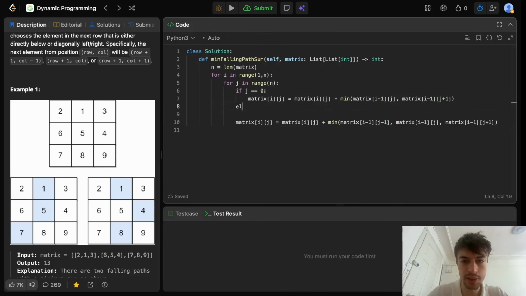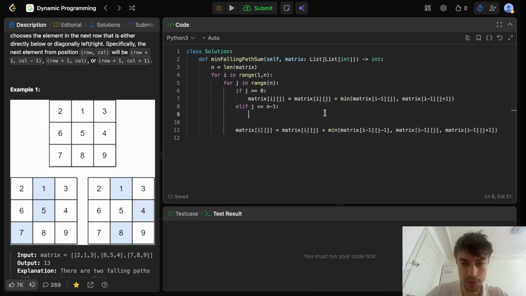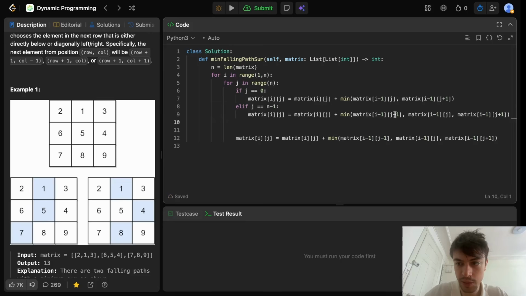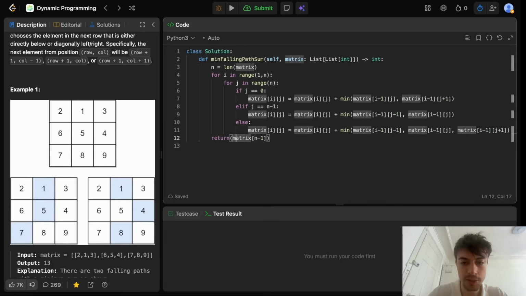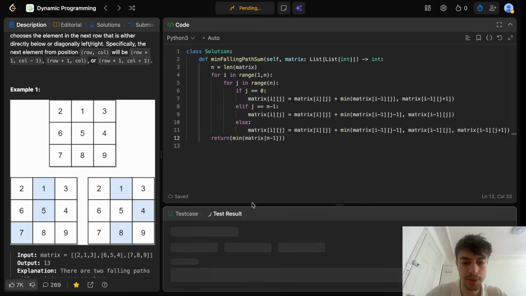If instead j is equal to n minus 1, I want the opposite: I take into account j minus 1 and j but not j plus 1. Finally, if it is a central value, I do the usual thing. In the end I must return the minimum between all the values in the last row, which is row n minus 1. So I believe this must work.